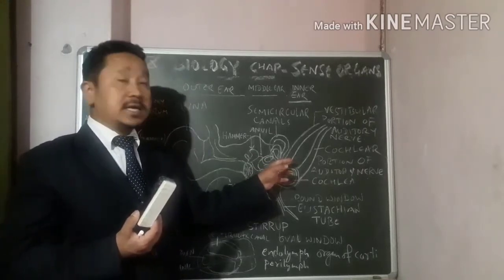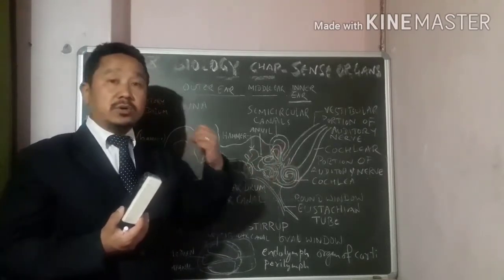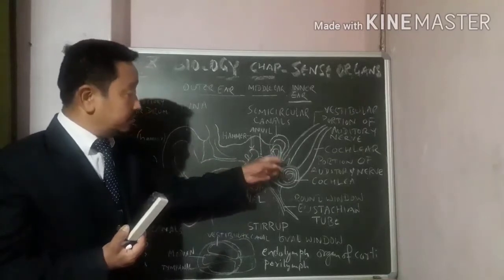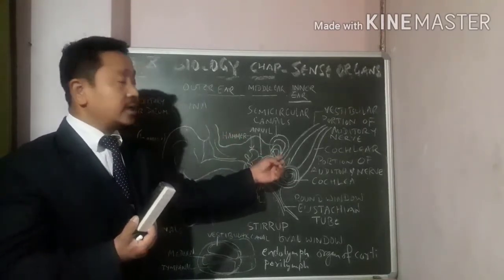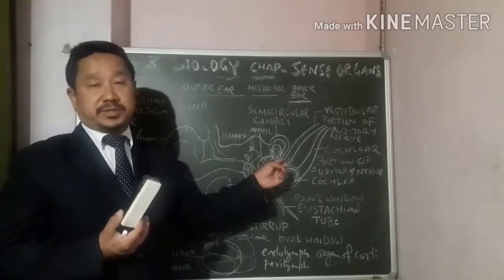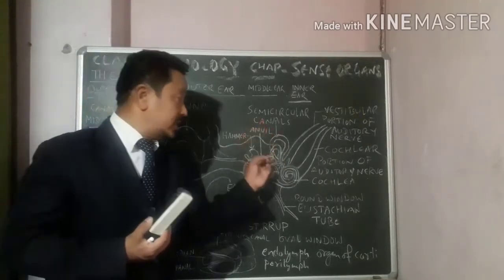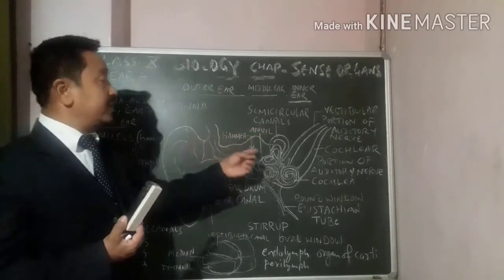This ampulla is made by the end of each canal out here, which is widened at the base. Okay, so this is how the dynamic balance is maintained.